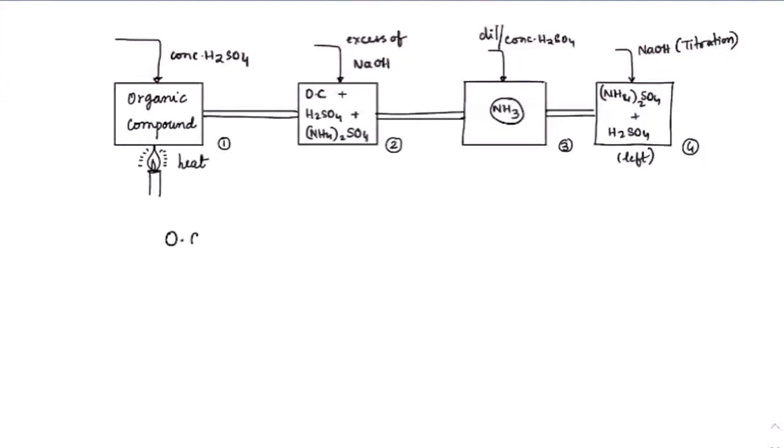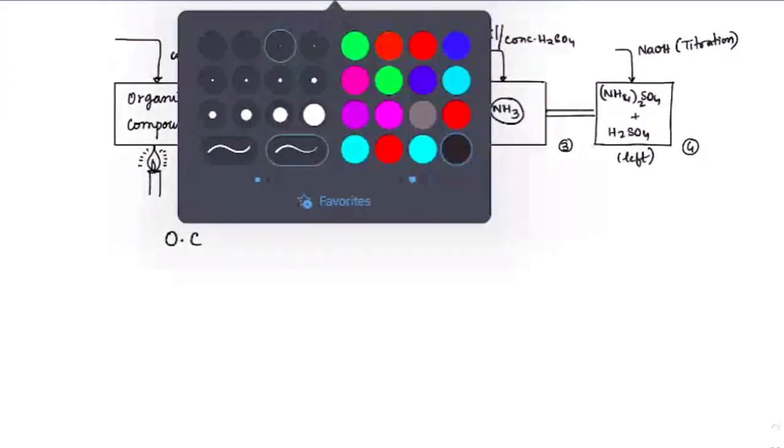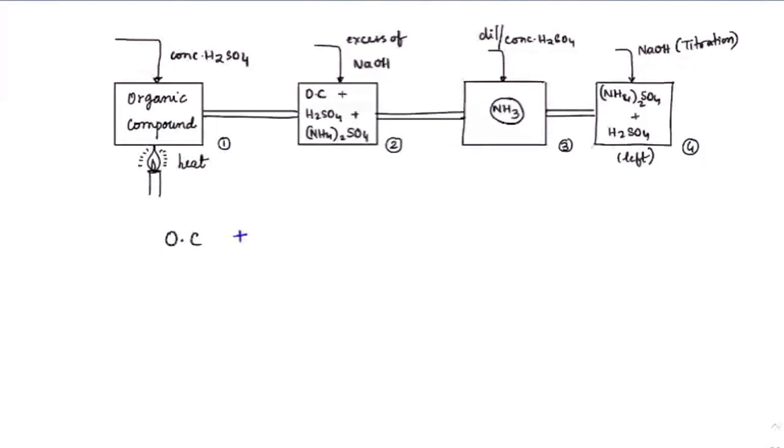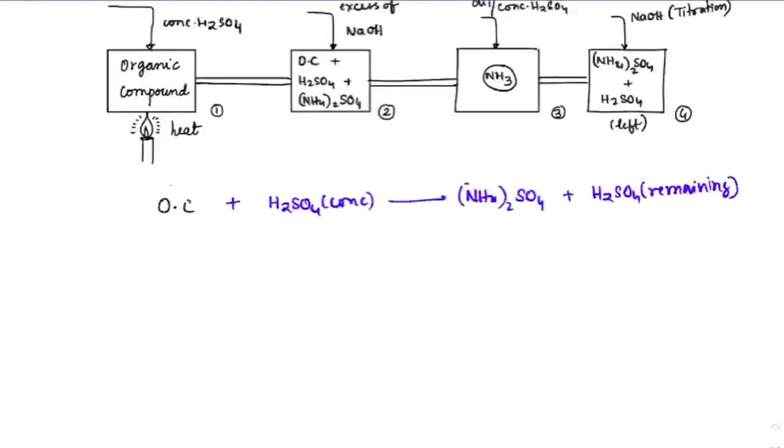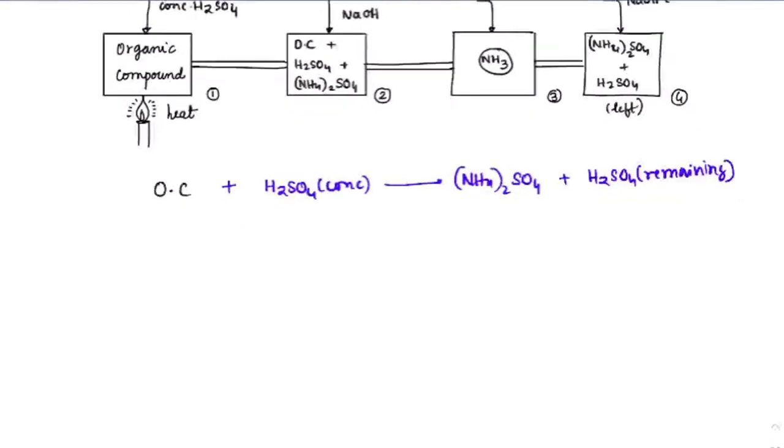Suppose I take the organic compound and treat it with H2SO4, initially concentrated, then I will get ammonium sulfate plus H2SO4 which was remaining. This remaining amount plus ammonium sulfate is treated with NaOH, got it?